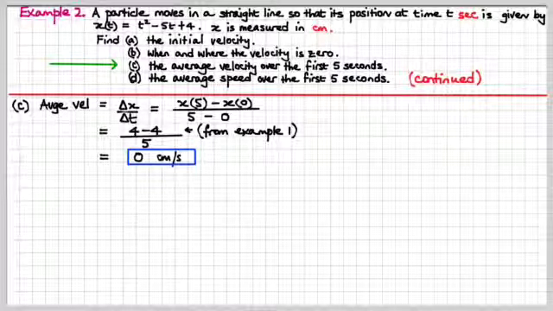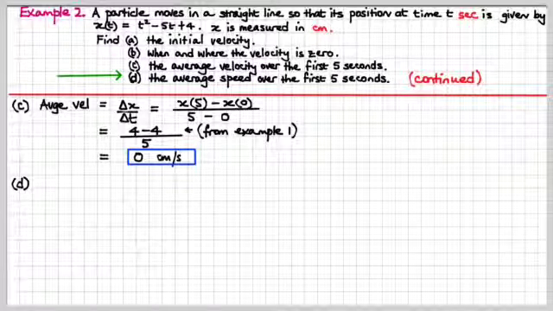Even though we know it moved, and I know it seems wrong. But for the average velocity, we only consider the displacement, the change in position, the destination minus the starting position, divided by the time interval which has elapsed. So we do get an average velocity of 0.